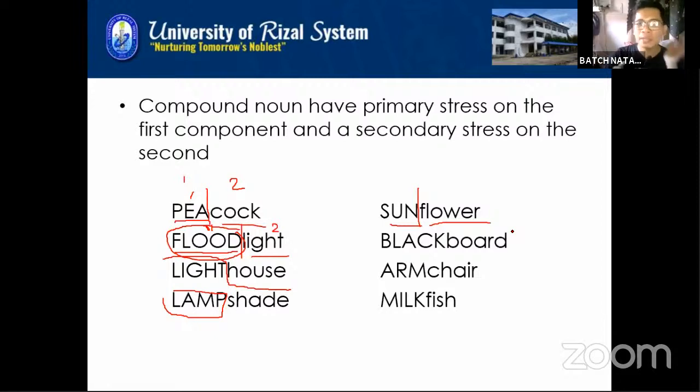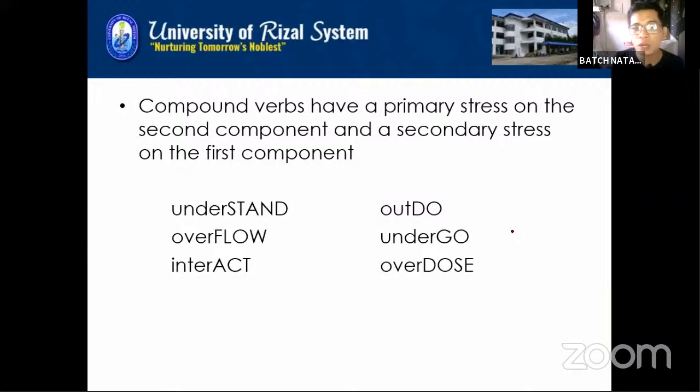Milkfish. So again, a compound noun is a composition of two words that are joined together. The first component has the primary stress, and the second component has the secondary stress. If we have compound nouns, we also have the so-called compound verbs. Again, these are words that are joined together, but this time these words function as a verb.